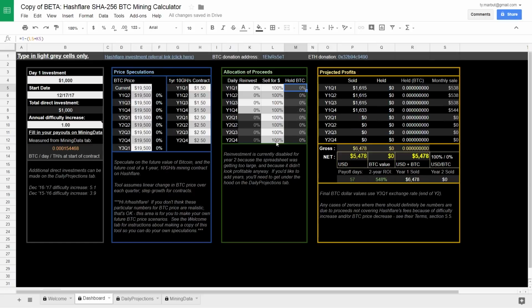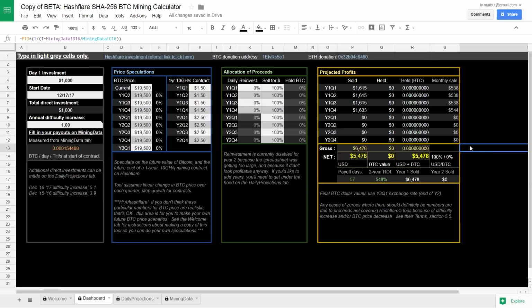Still waiting for this thing to update. Here we go. Okay, awesome. So this number right here is the same number that it would show on your 1-year Hashflare revenue calculator, revenue forecast, for $1,000 of upfront investment if you then subtract out the fees. So right now the fees are along the lines of like 13% or so.